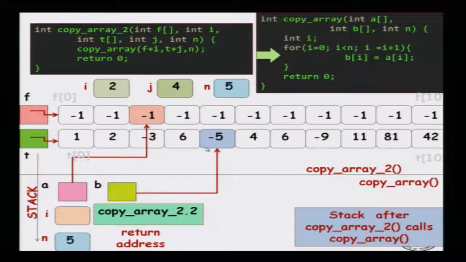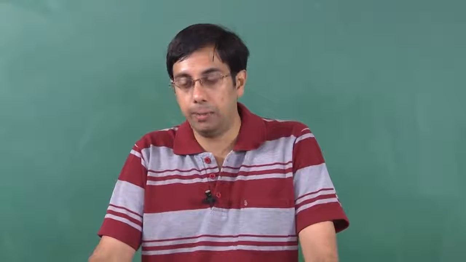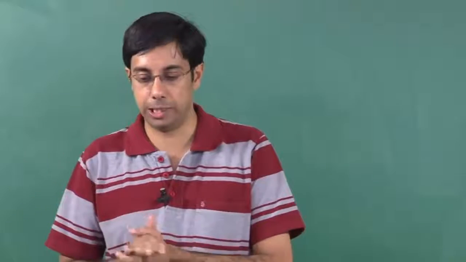Now, as far as copy array is concerned, it is not too bothered by the fact that it was not passed the absolute first address of the array. It will think that whatever address it has been passed is the start of an array, and it will work from there. Copy array does not bother that it was given the second element of the array rather than the first element. It will work as though the array started from there.